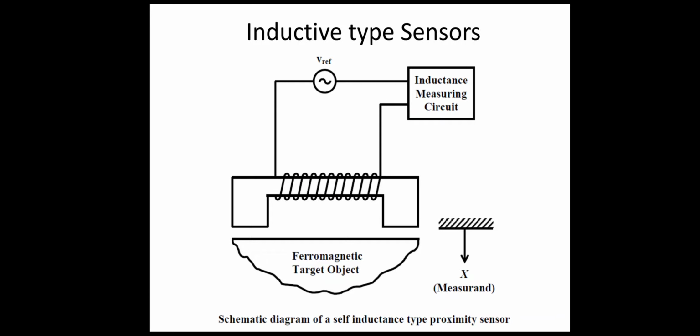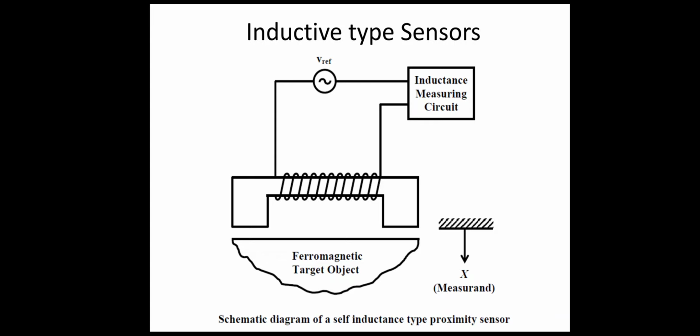So the next is the inductive type sensors. In the inductive type, the LVDT works on the principle of variation of mutual inductance, but there are also inductive sensors for measurement of displacement based on the principle of variation of self inductance. These sensors can be used for proximity detection also.